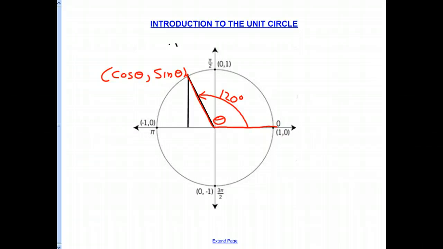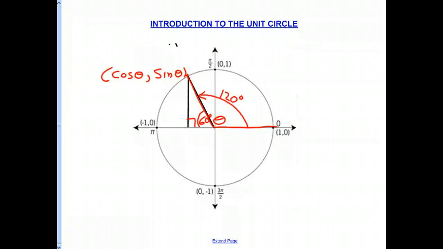So the way we figure that out is we drop the perpendicular and we try to figure out the reference angle, and we know that if we have 120 degrees, 60 more will give us 180. So this angle in here has got to be 60 degrees. And we need to simply figure out what is the cosine of 60 degrees in the second quadrant.